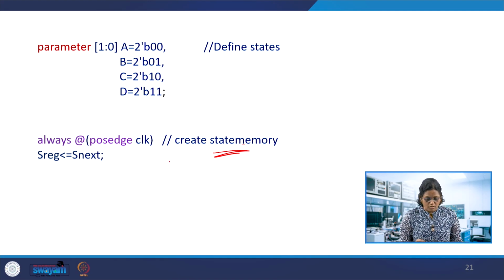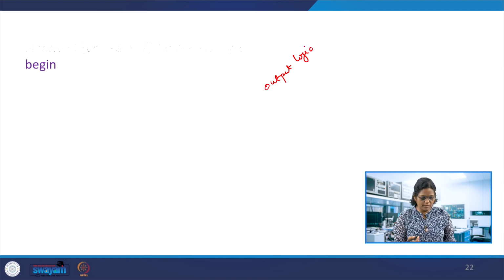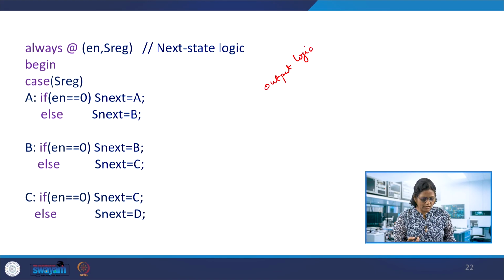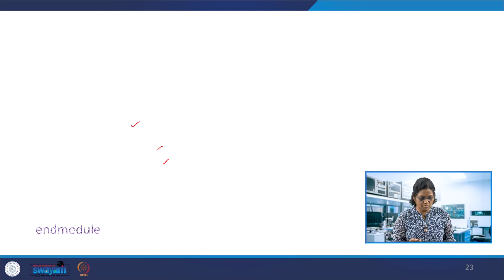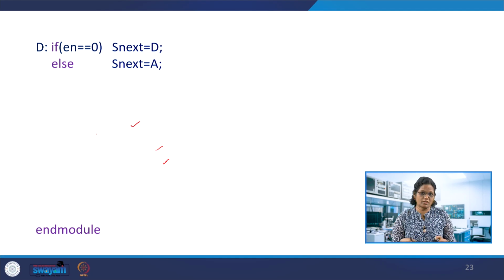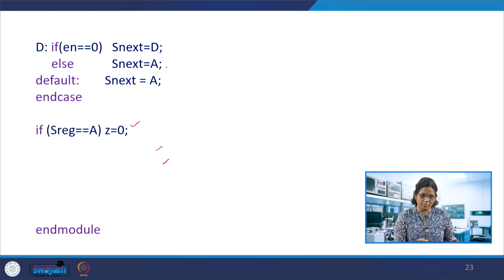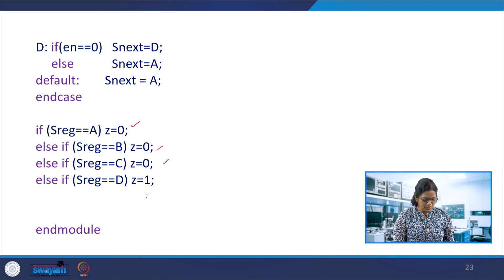So the code has only two always blocks. To simplify, this is one style of coding in which the next state logic and the output logic can be combined, because these two are combinational circuits. It is easy to combine them using blocking assignments.